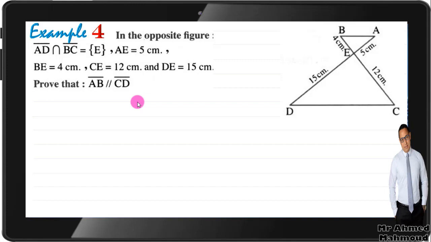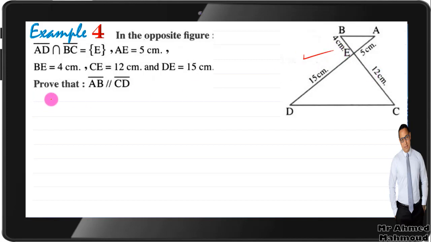Now, in the opposite figure, AE equals 5, BE equals 4, CE equals 12, DE equals 15. Prove that AB is parallel to CD. To prove that BA is parallel to CD, I need to prove that the ratios between the two parts of the sides are equal. So here 5 over 15 equals 1 over 3, and 4 over 12 equals 1 over 3.